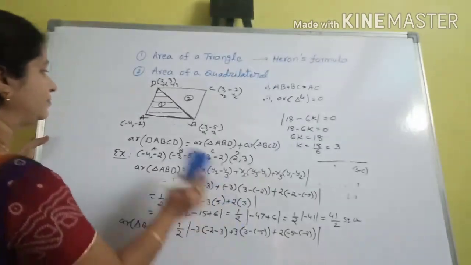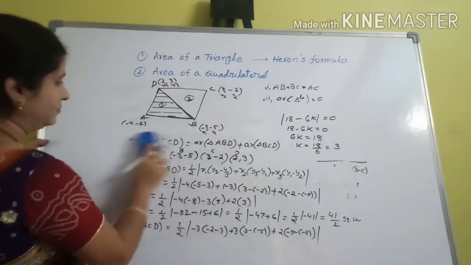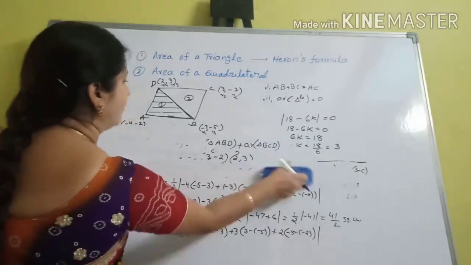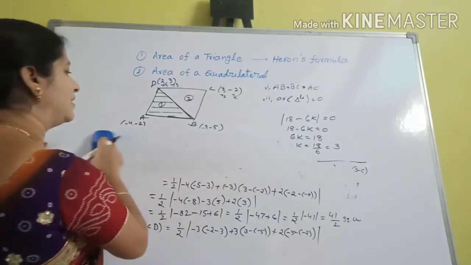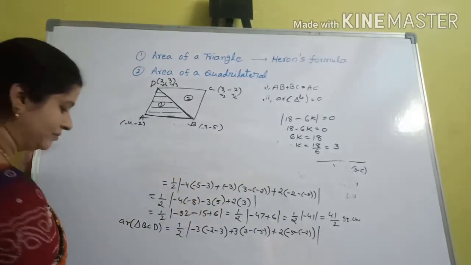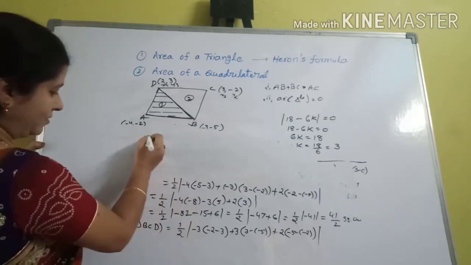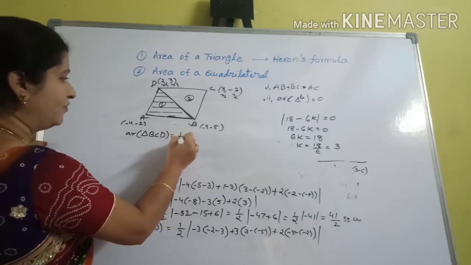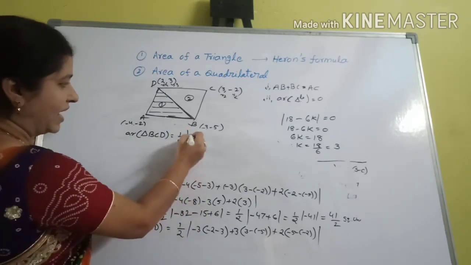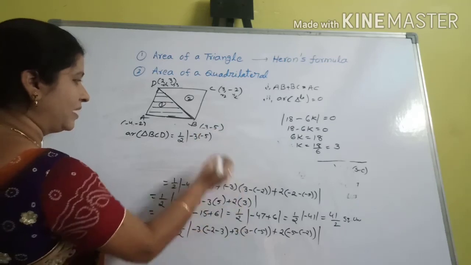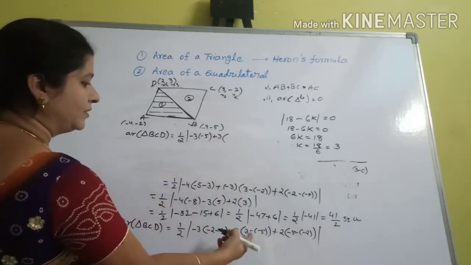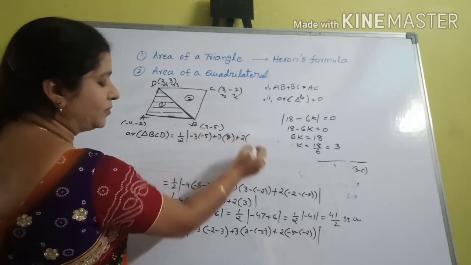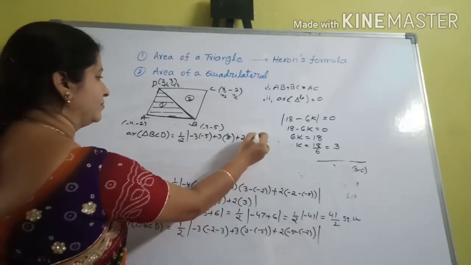After simplification you get the second triangle area value. Okay. So here area of triangle BCD equal to half into modulus of -3 into -5 plus 3 into 3 plus 5, 8 plus 2 into minus 5 plus 2 minus 3.